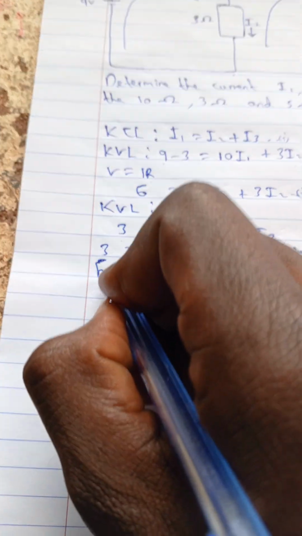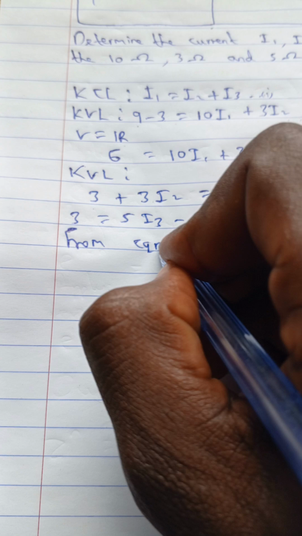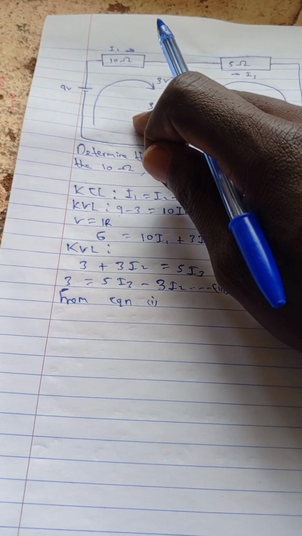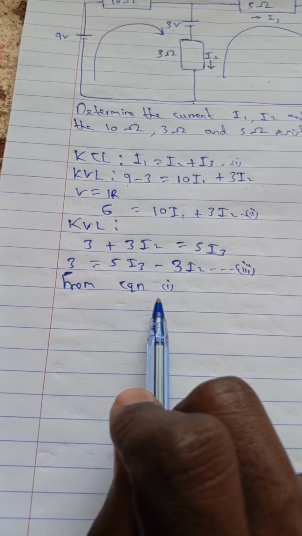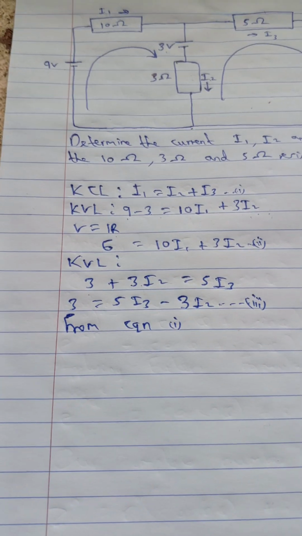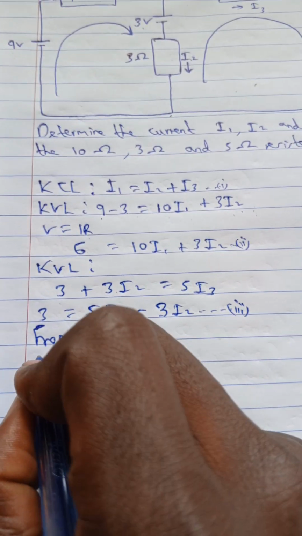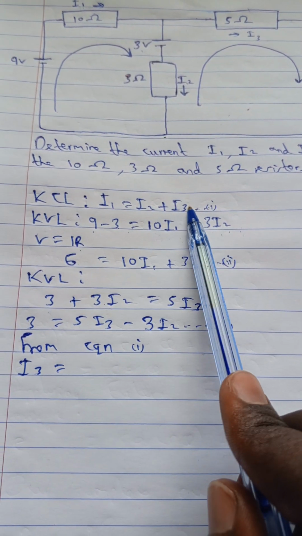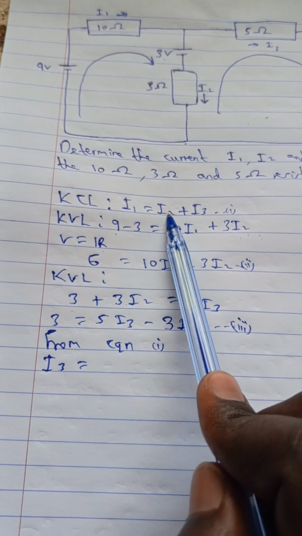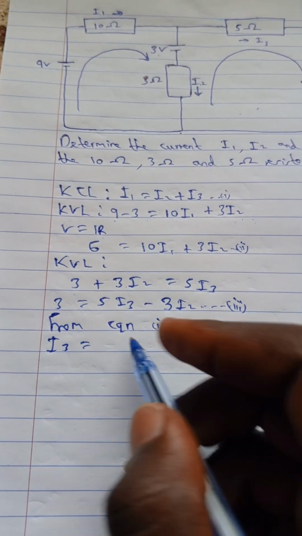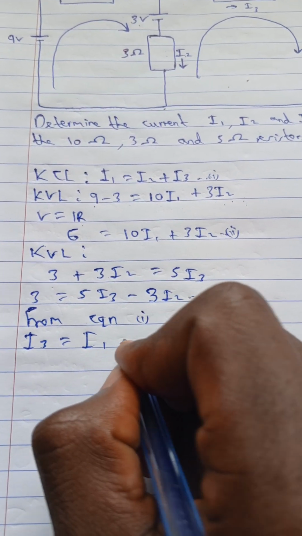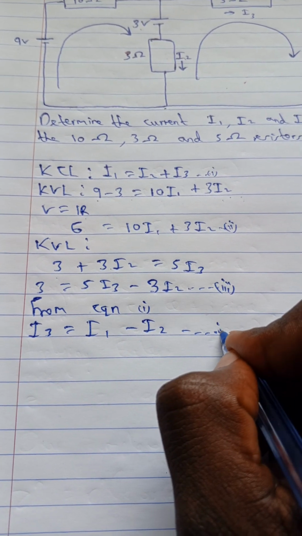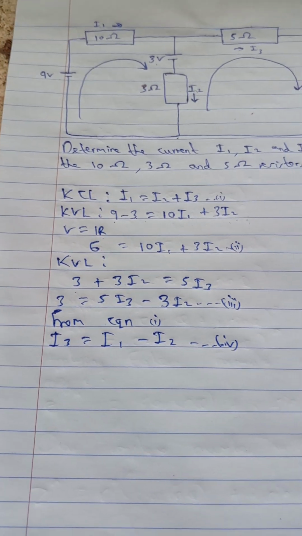Then, because now we are done with the loops, from equation 1 we can make I3 the subject, so that we take this I2 to the other side, so that we have I3 is equal to I1 minus I2. This one we can let be our equation 4.